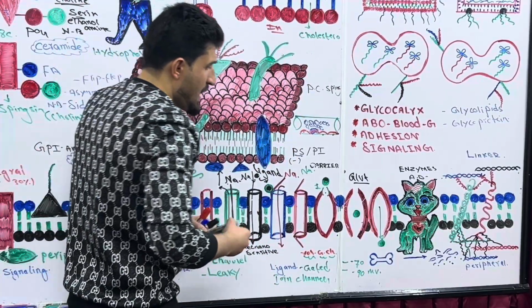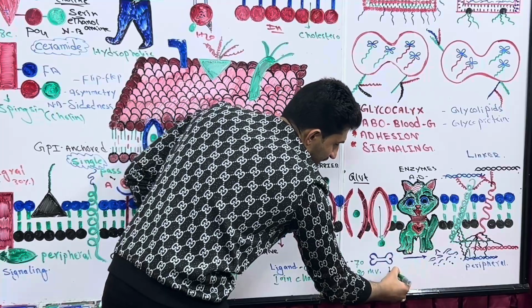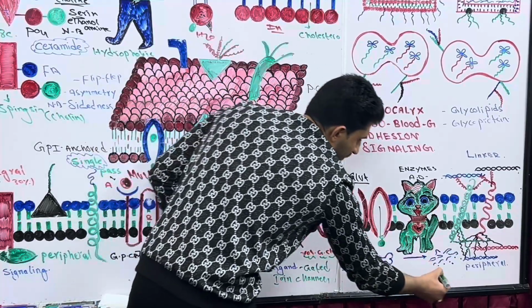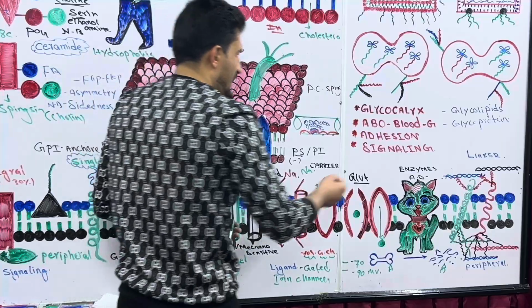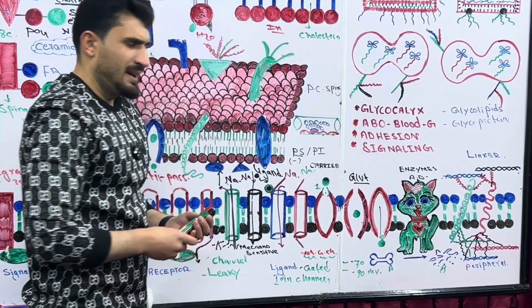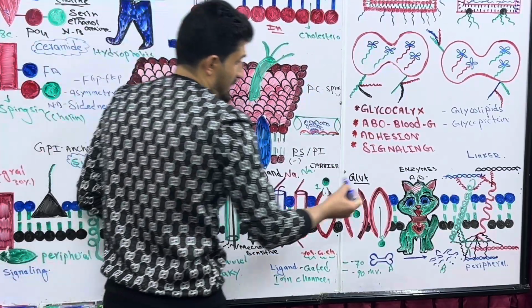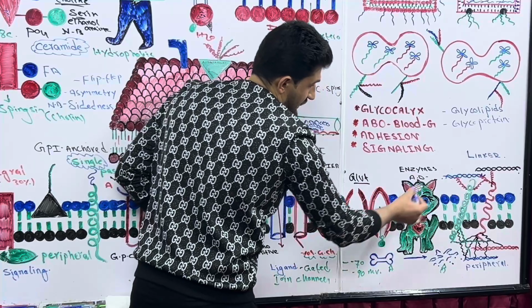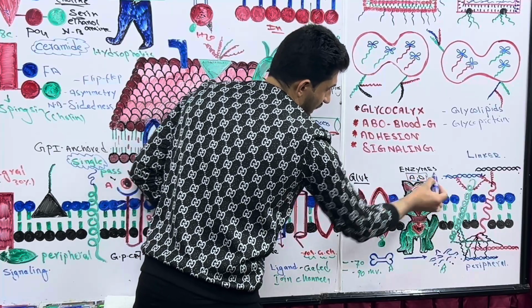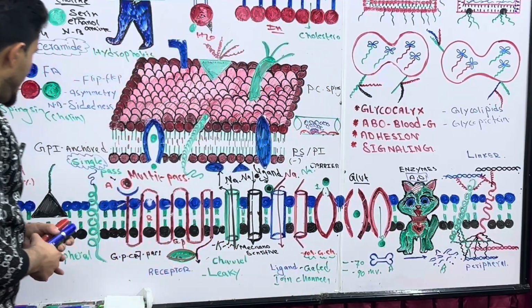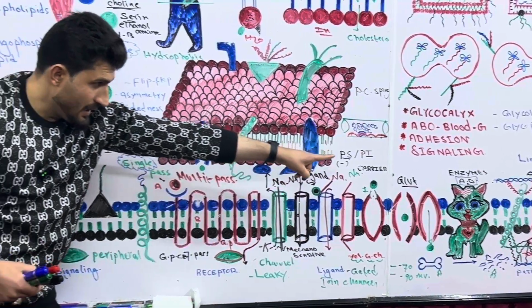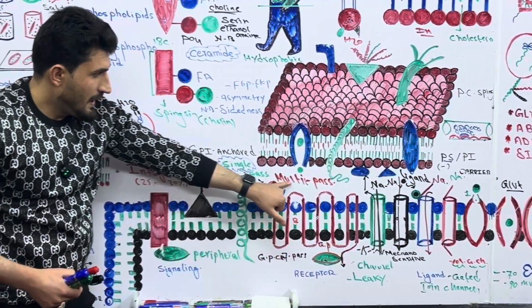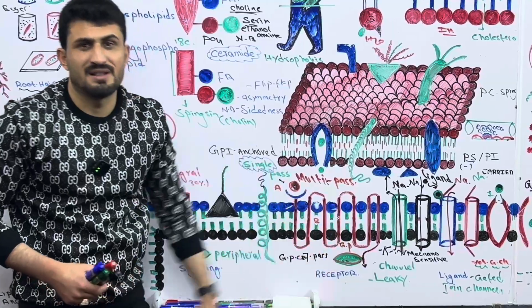For example, they convert a substance A into substance B. That's why they are called enzymes. An example of this type of protein in our cell membrane is adenylyl cyclase, and you will know about adenylyl cyclase when you study 7-pass receptors.